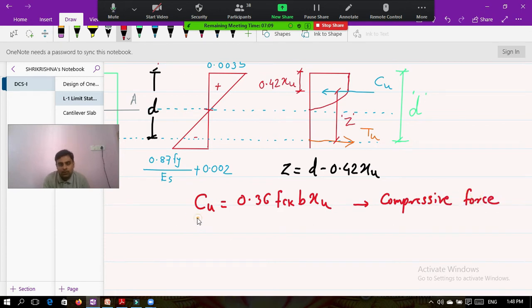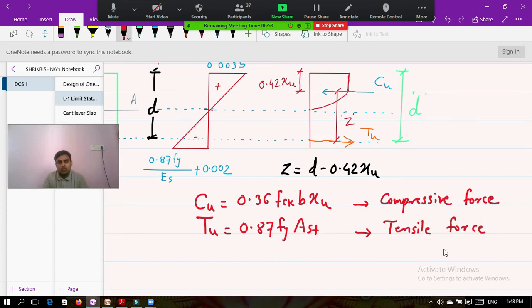And how do we calculate Tu? Tu is equal to 0.87 fy Ast, where Tu is the tensile force. All this we have seen previously in the first lecture also. I am telling you again to recall, because now we require this for the further calculations.